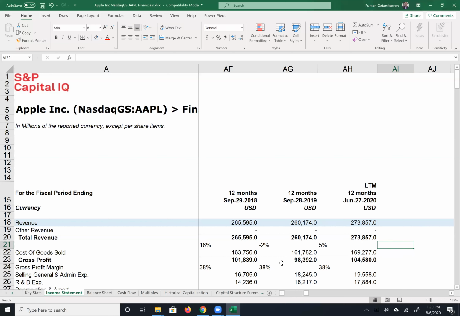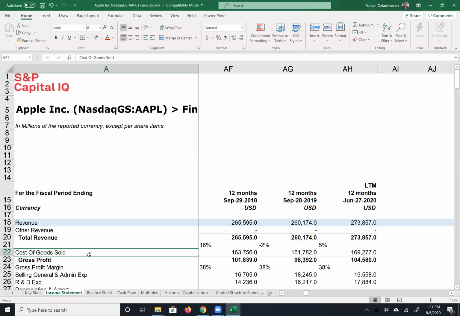Another item in the income statement that I would like to talk about is cost of goods sold. These are direct costs associated with creating the goods and services for Apple, like iPads, iPhones, laptops, and apps that they have.